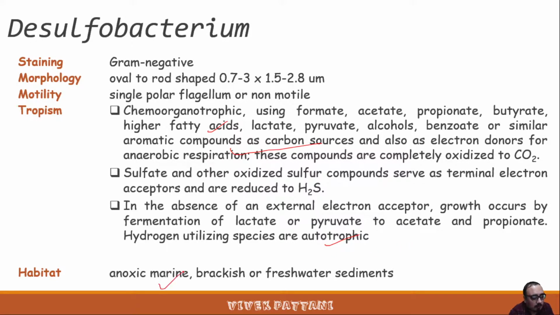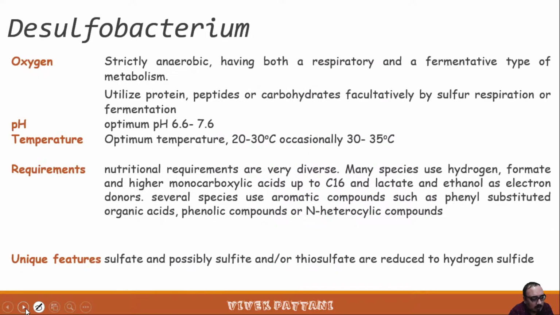They are found in marine, brackish or freshwater sediments where there is little oxygen, as they are strictly anaerobic.